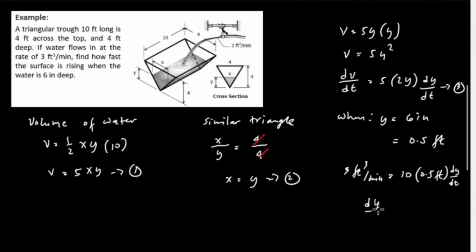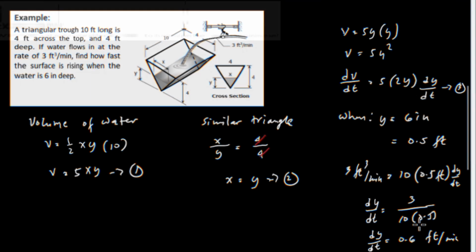So dy over dt is equal to 3 over 10 times 0.5, and the value is equivalent to 3 over 5 or 0.6, and the unit is in feet per minute. So this is the rate of water.